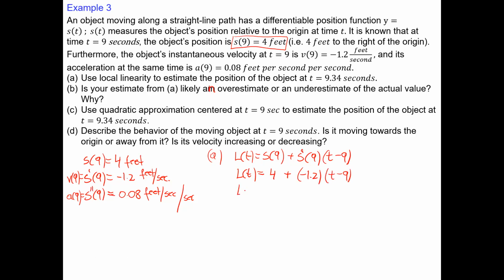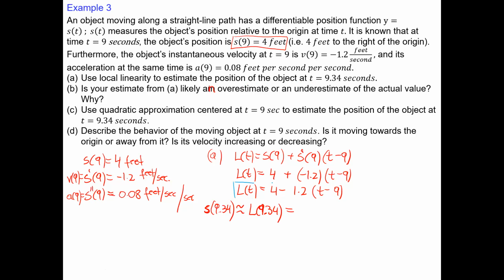Okay, we can leave it like this. 4 minus 1.2 times t minus 9. Now, if we would like to approximate the distance, yes, the position of the object at 9.34, we will use the linearization at 9.34 and just the formula.